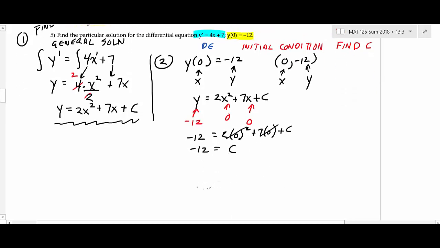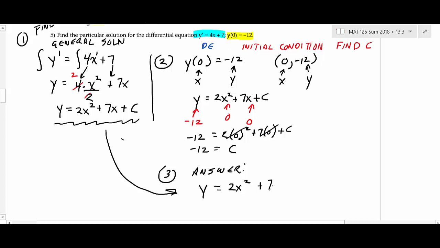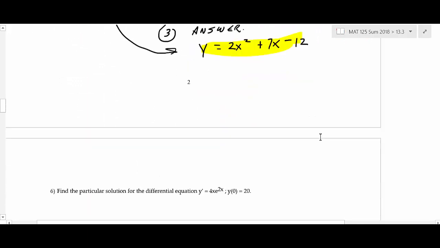Now that we have c, you take the solution y equals 2x squared plus 7x and tack on the c. So that's minus 12. That is the solution of that differential equation. Okay, you guys follow that? Mostly antiderivatives, like I said, and integrals.